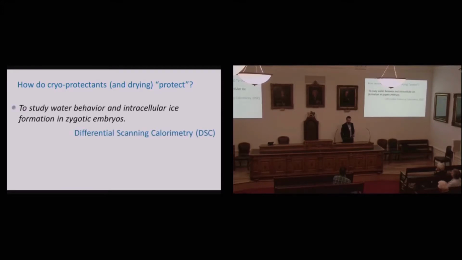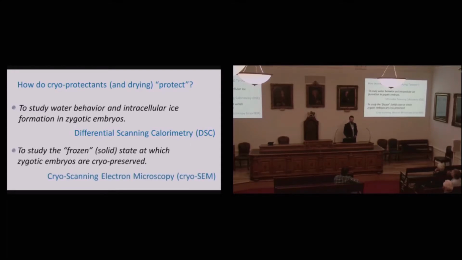To study these questions, I used a differential scanning calorimeter to see if there were changes in the water behavior and the intracellular ice formation during the melting and freezing of these samples with different cryoprotectants: glycerol, sucrose, a combination of both, PVS2 and different ones.